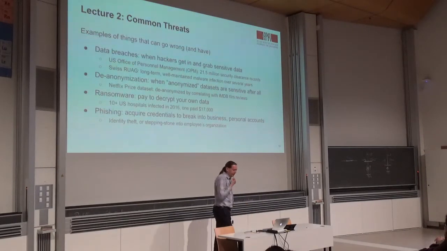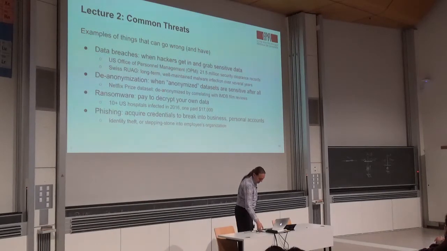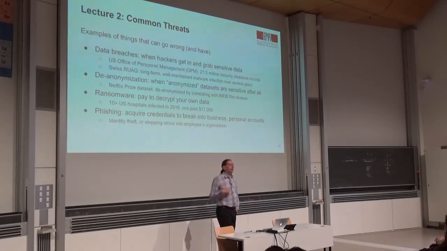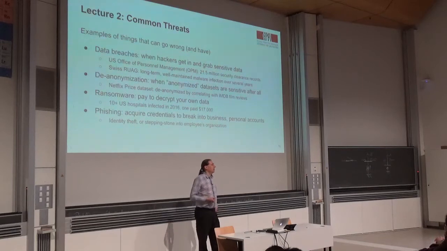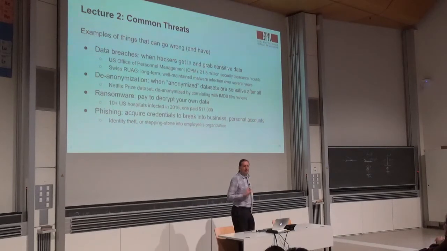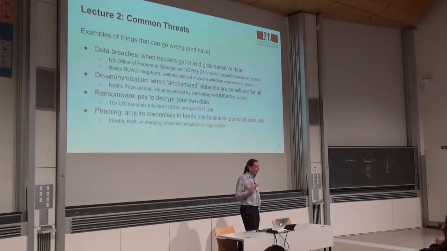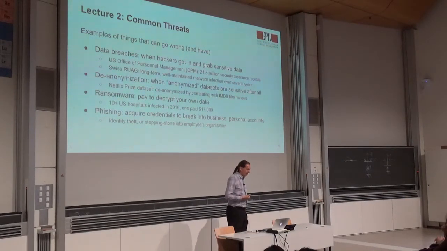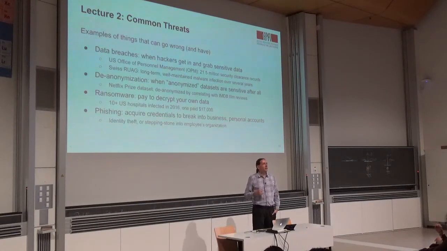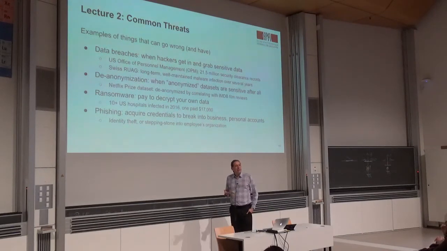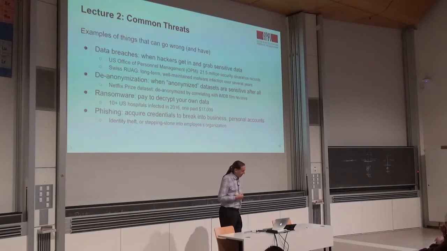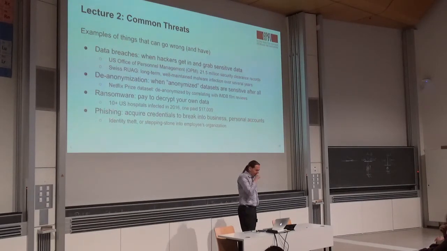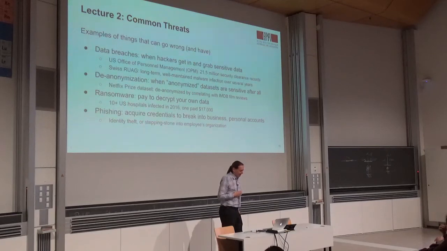And that leads us to the topic of the next lecture, which will focus on common threats. What often goes wrong? What classes of security and privacy threats do we need to be aware of in general, and need to think about? There are many broad classes. We can't really provide an exhaustive picture in this course, but we'll touch on a number of general categories.